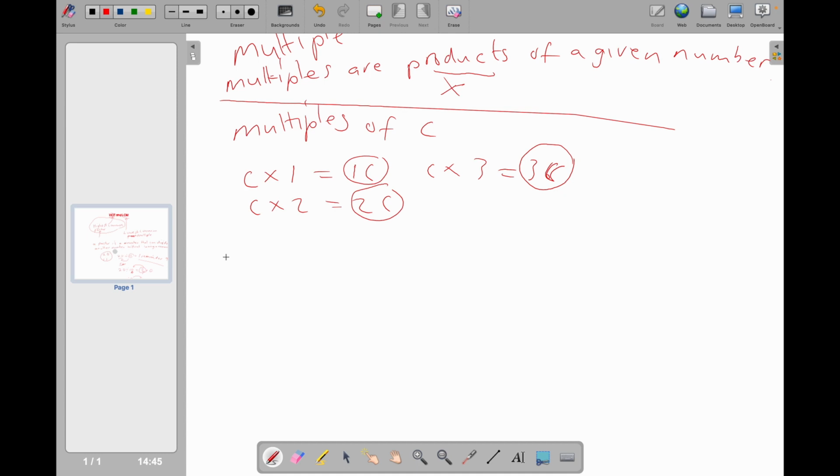In general, if A is a whole number and B is any other number, an integer or a whole number, and we multiply them together, they will give us multiples of A. This is a multiple of A, AB.